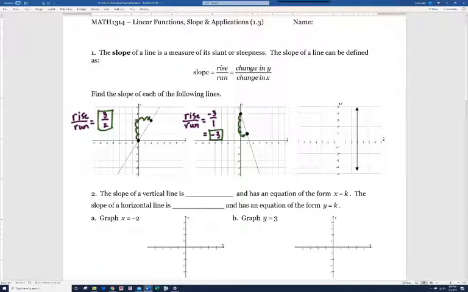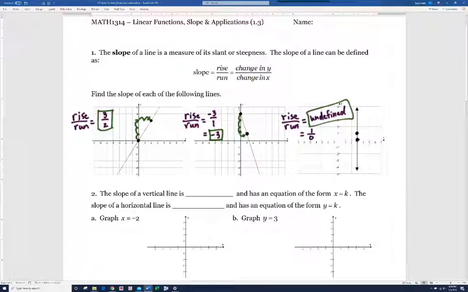All right. On the next one, I hope you just look at it and you know that it's undefined. But perhaps you didn't know that. So let's talk about this. And actually, before we do that, let me just finish out this problem. So here's 2 points, and you really could pick any 2 points. And I'm going to start at 3, 0.